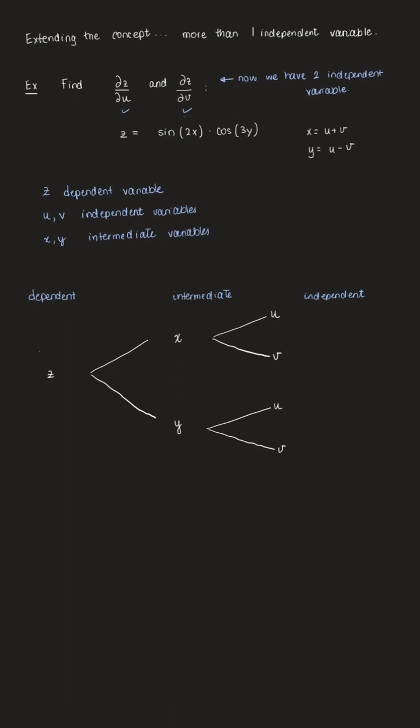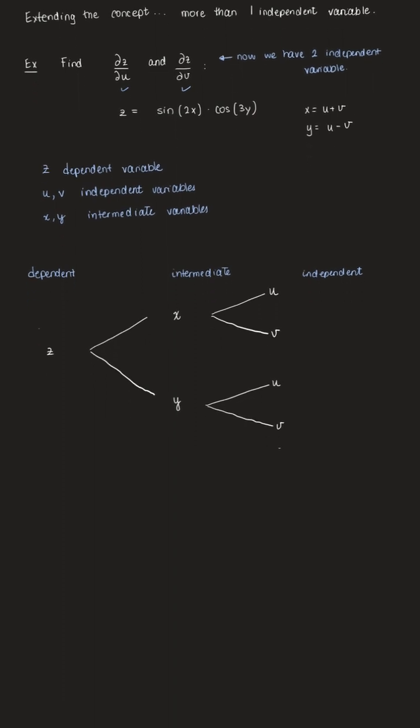Now let's go through and write down which of these are ordinary derivatives and which of these are partial derivatives. I'm going to do that in a different color, let's say pink. Because z depends on x and y, that's more than one variable.